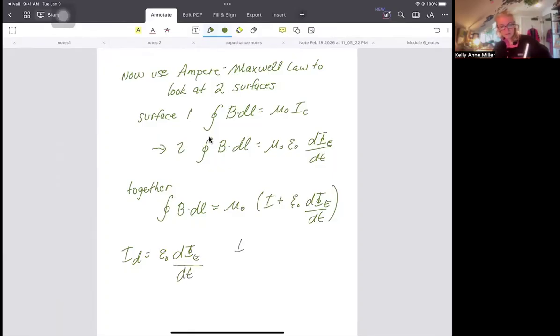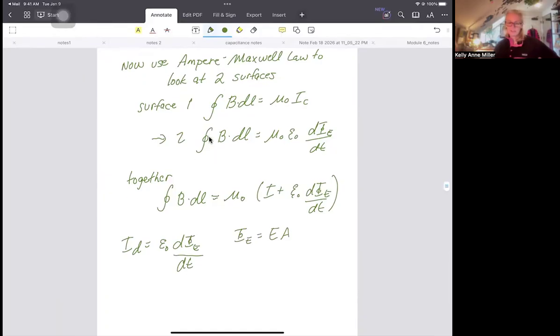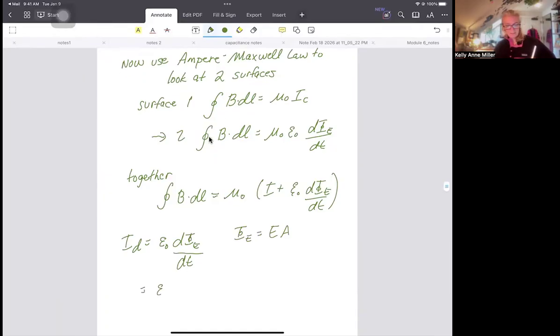Remember what electric flux is. It's just E dot A. So I can rewrite this as epsilon naught times A, which is not changing, times the change in electric field as a function of time, which I'm given in the problem.